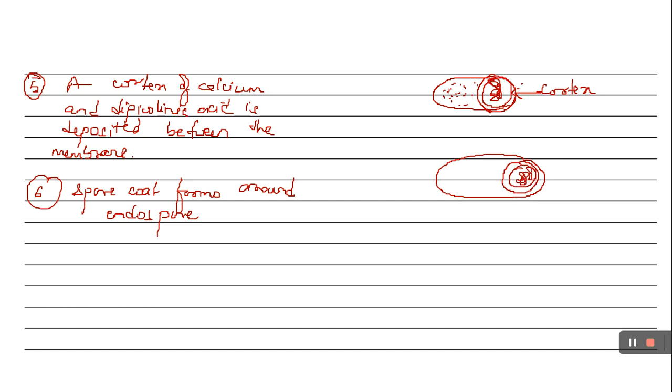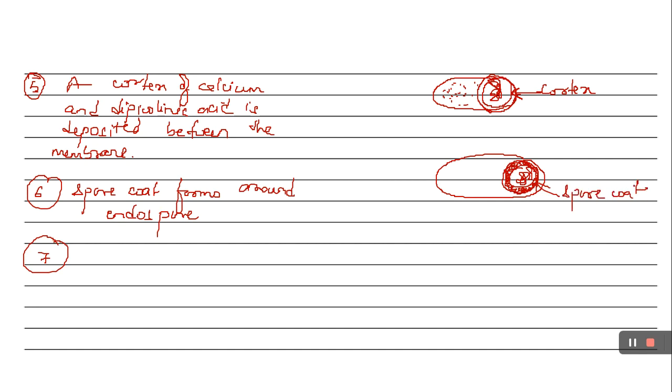Okay, now you are seeing that here it is attached with the cell wall, but here a spore coat is there. This is the spore coat, which is the endospore coat formed here. So the spore coat is formed around the endospore.